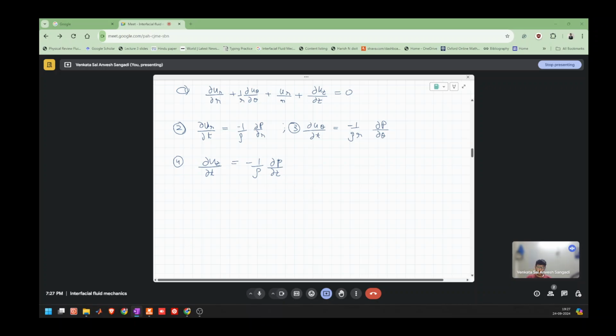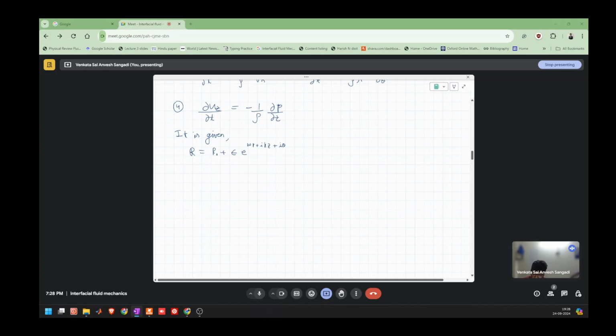So it is given in the hint that R is equal to R naught plus epsilon e to the power omega t plus i k z plus i theta.